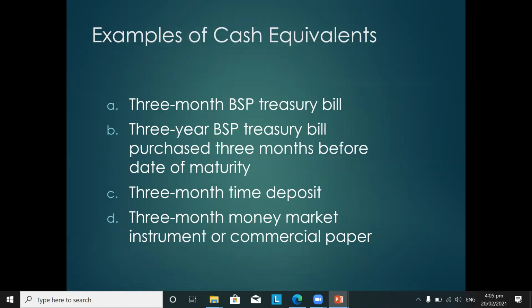You have a 3-month BSP Treasury bill, 3-year BSP Treasury bill purchased 3 months before the date of maturity, a 3-month time deposit, and a 3-month money market instrument or commercial paper. So very evident yung rule about the 3 months.